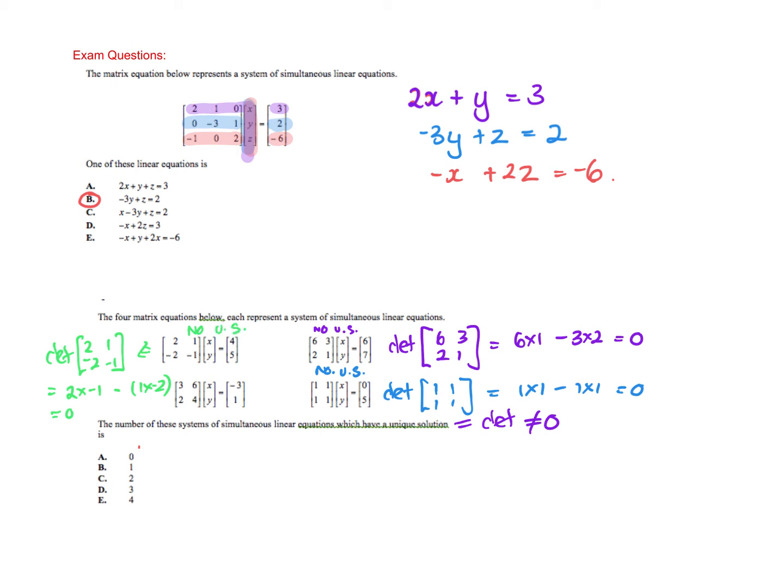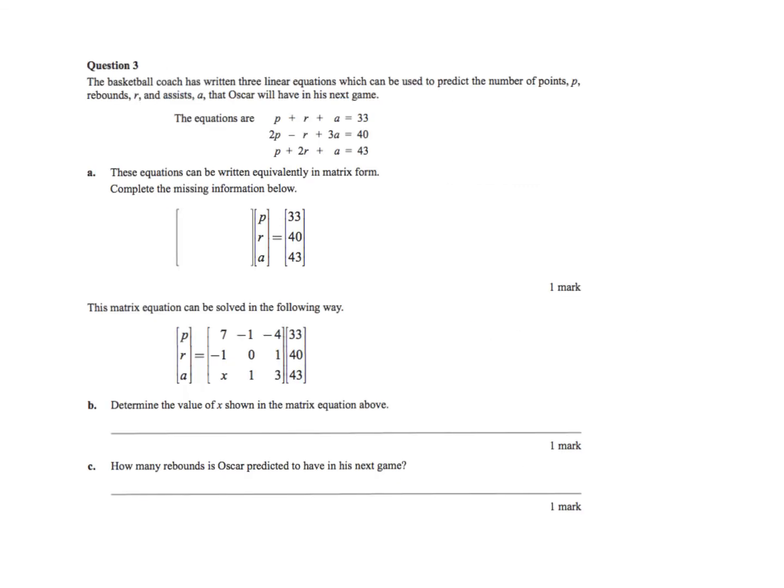And I'll just do this last one down here. So the det of 3, 6, 2, 4 would equal 3 times 4 minus 6 times 2, which is 0. So how many have a unique solution? Not one of them. So there's the answer. Okay, let's go.